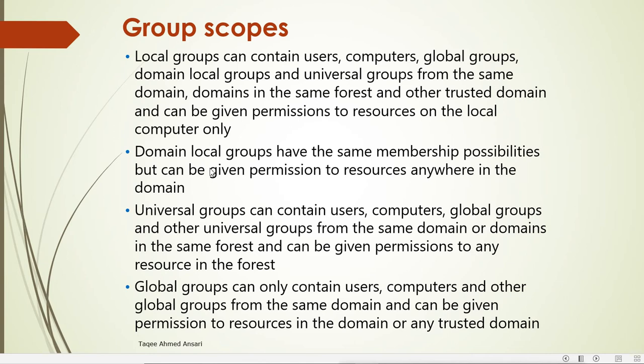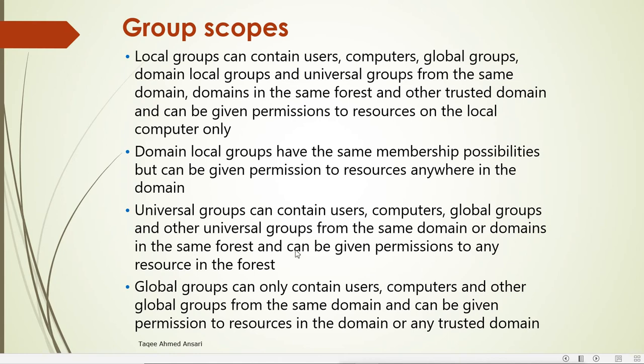But the difference between domain local and local group is that the domain local group can be used to give permission anywhere in the same domain. A local group is only for the local computer, and this domain local group is for giving permission across the domain.